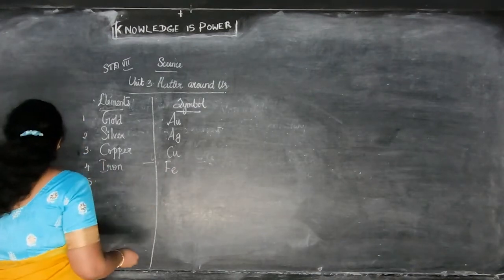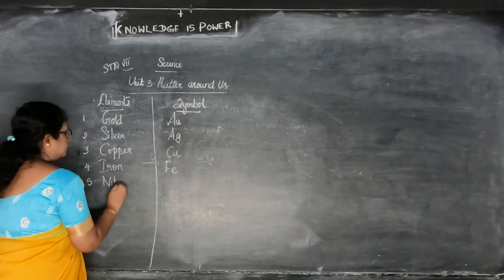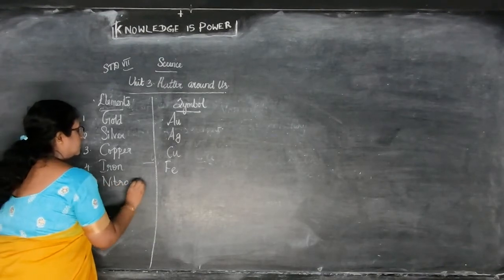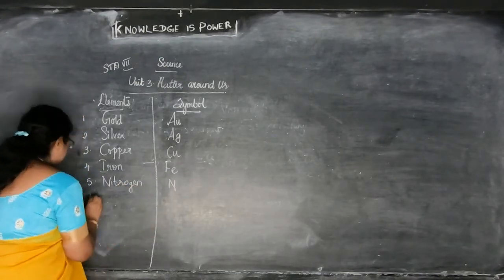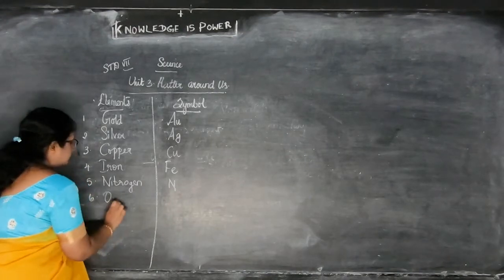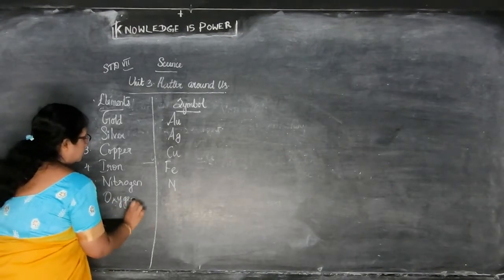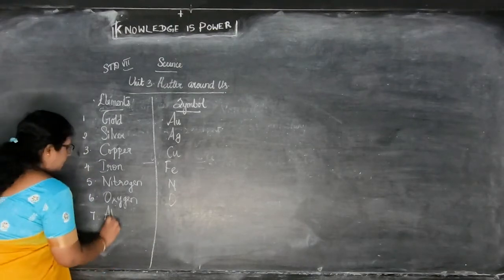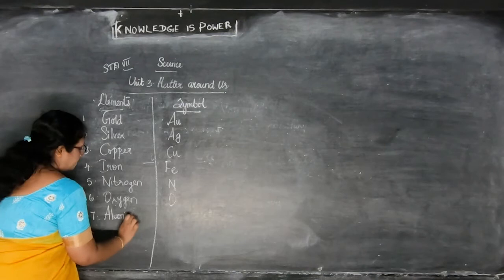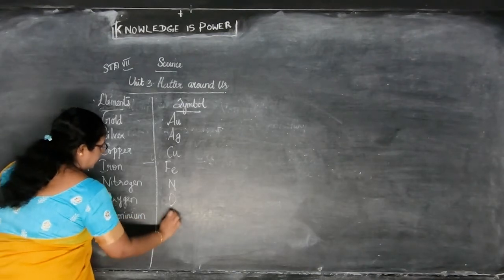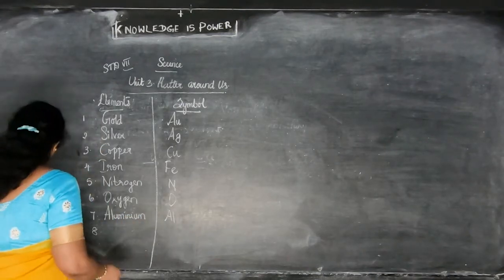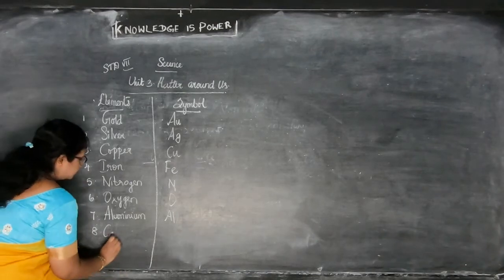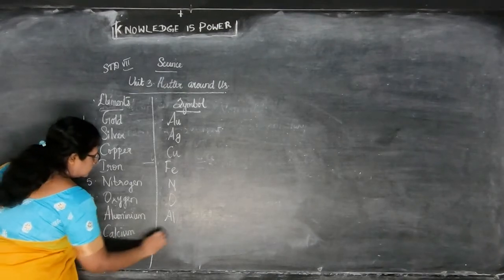So next, nitrogen. It's only one letter, N, that is the capital. Then oxygen, O. Then aluminium, Al. Then next is calcium, Ca.